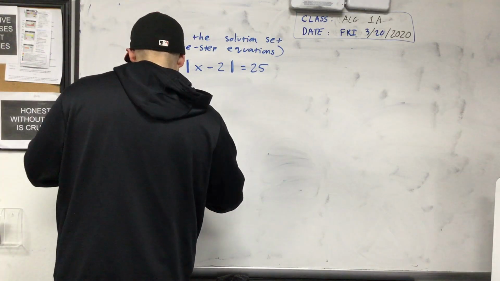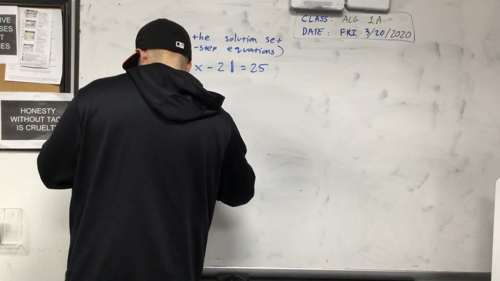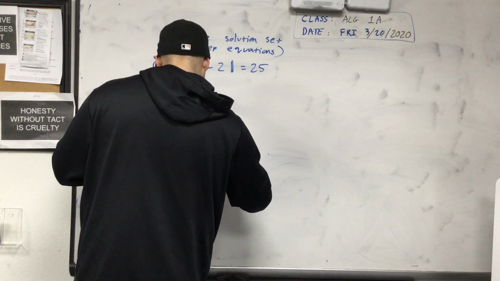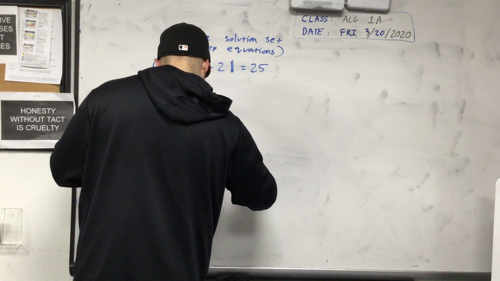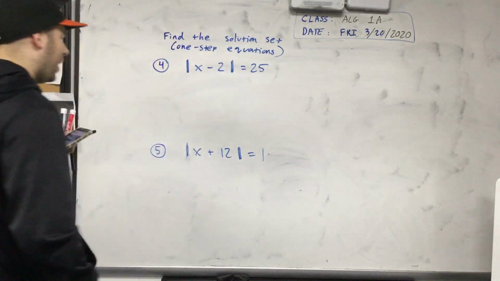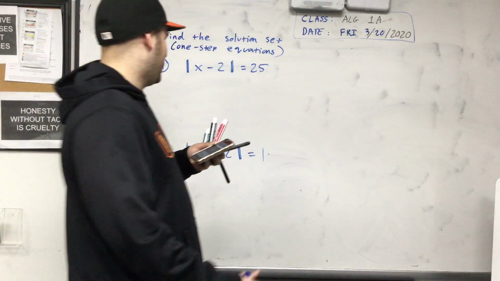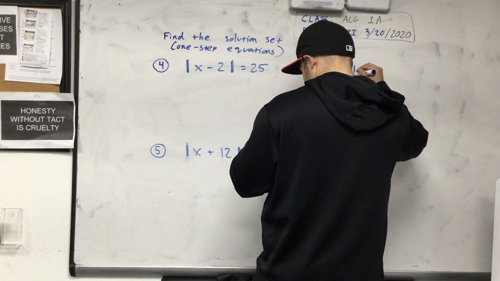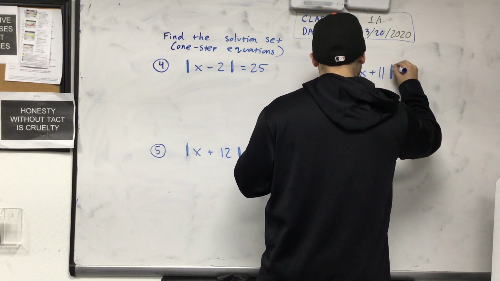When you're done with that, number 5, the absolute value of x plus 12 is equal to 1. And then finally, the last problem of the day, the absolute value of x plus 11 equals negative 15.